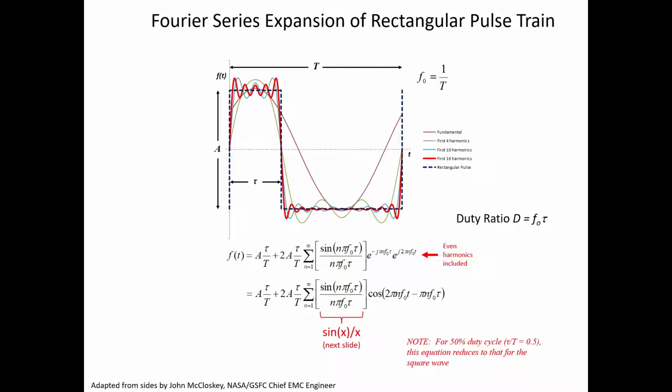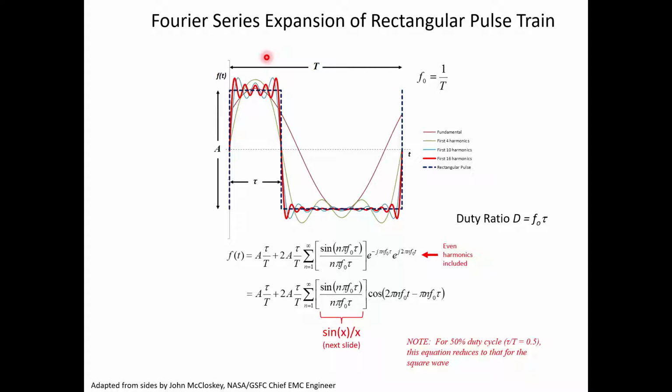He put together a really nice presentation on this. So this just shows, suppose I have a square wave or a rectangle wave of duty ratio D. And here are the individual harmonic terms, and as I add more and more harmonics, you get a square wave. That makes sense to everybody?